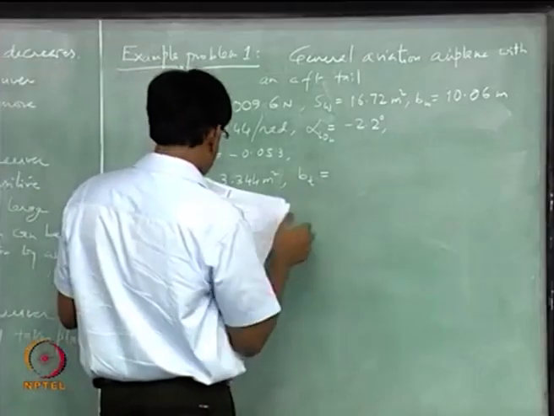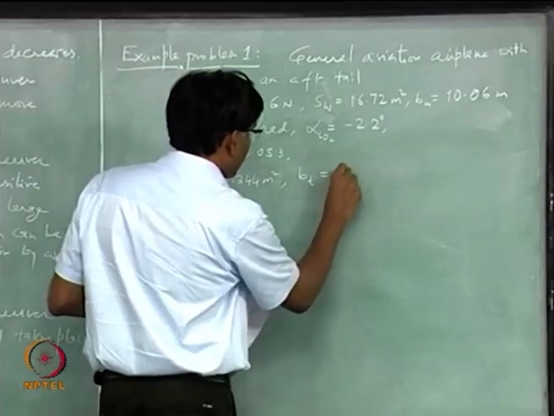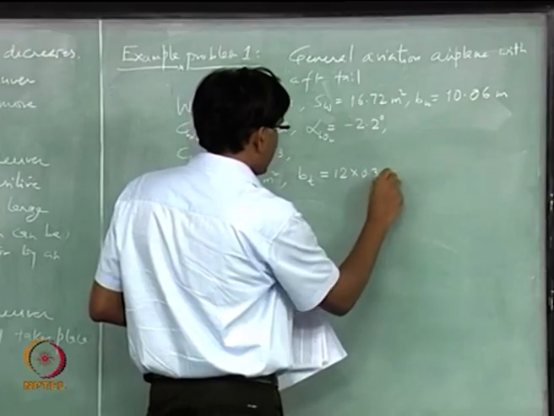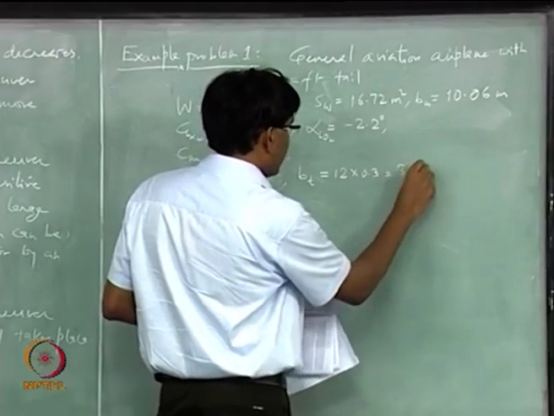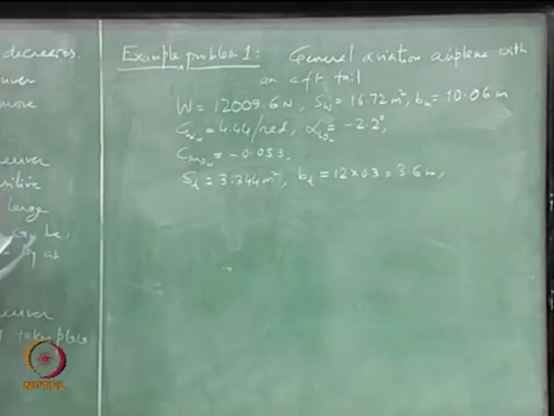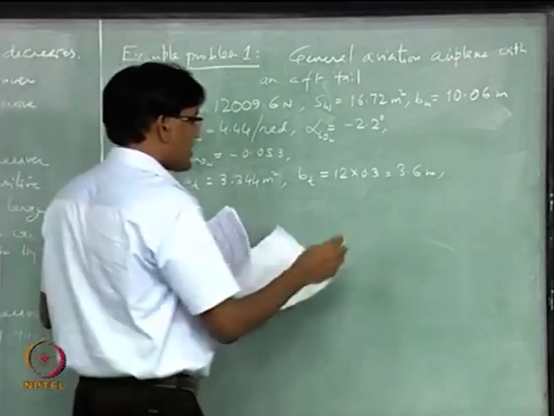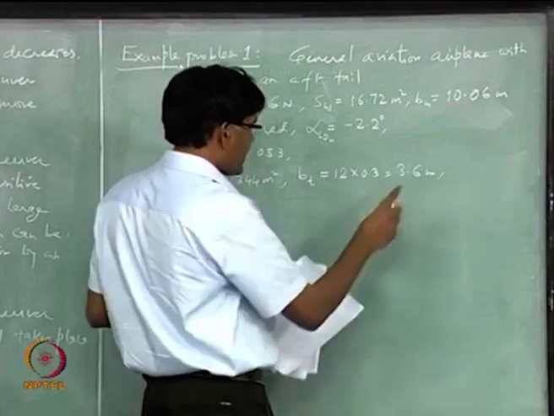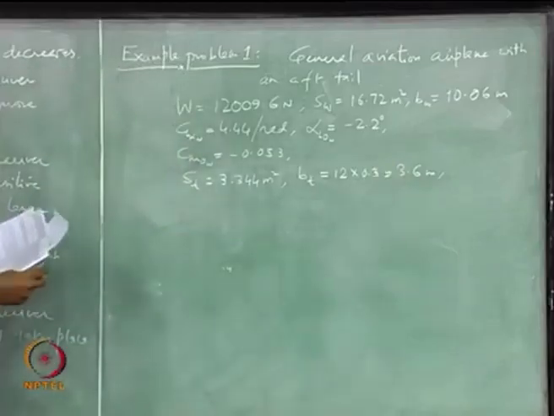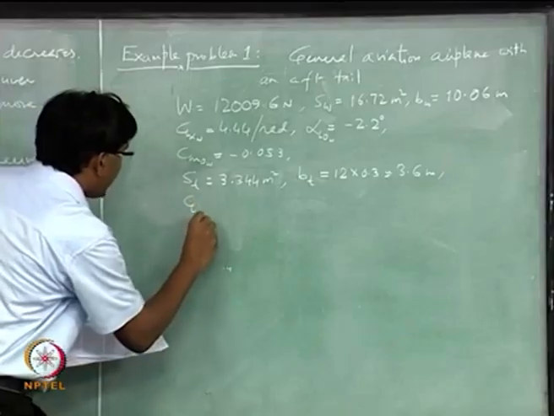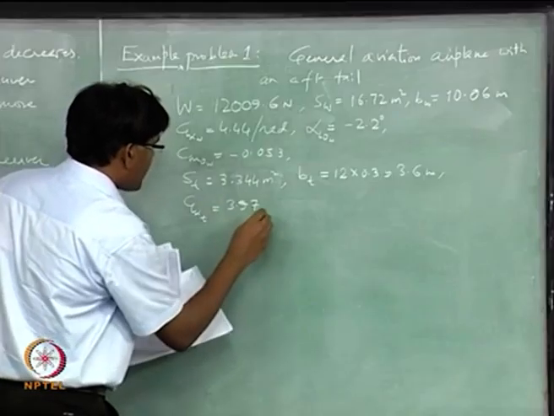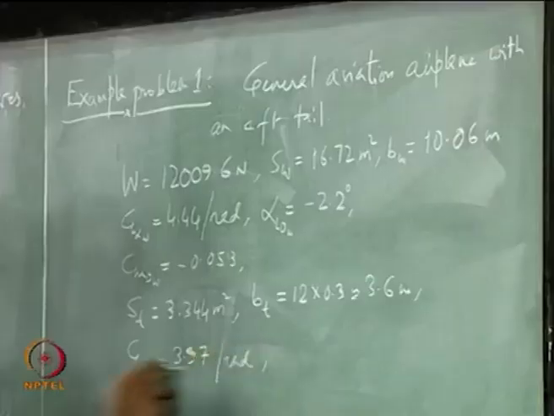So, BT is 3.6576, roughly. CL alpha tail is 3.97 per radian.